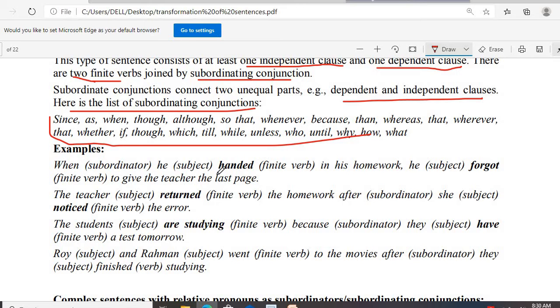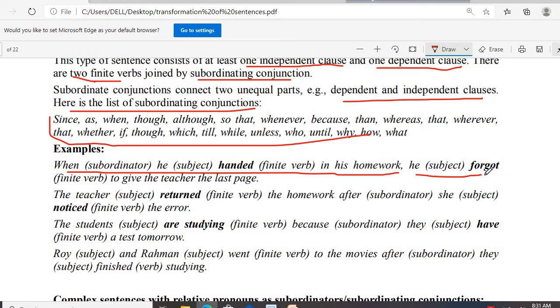When he handed in his homework, he forgot to give the teacher the last page. When he handed in his homework, this is the dependent clause.